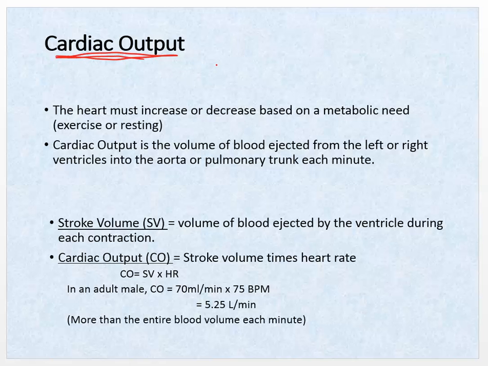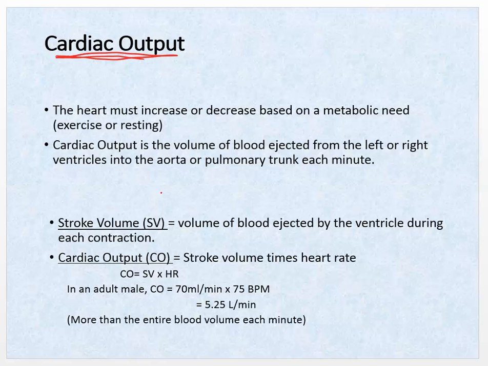Cardiac output. One of the things we're interested in is how well your heart is working. We want to know how much blood it's pumping, because that's really its job. The more blood it's pumping, or the better it pumps blood, the healthier your heart is. So we have a way of measuring this. It's called cardiac output.